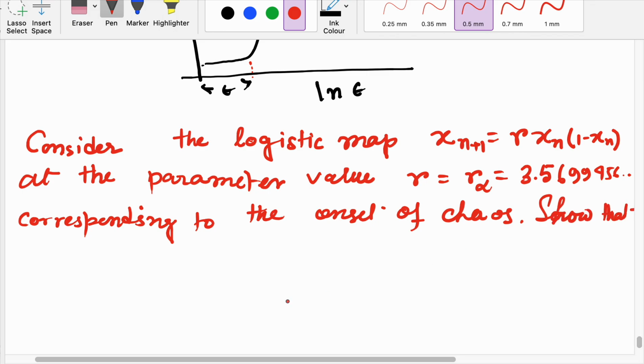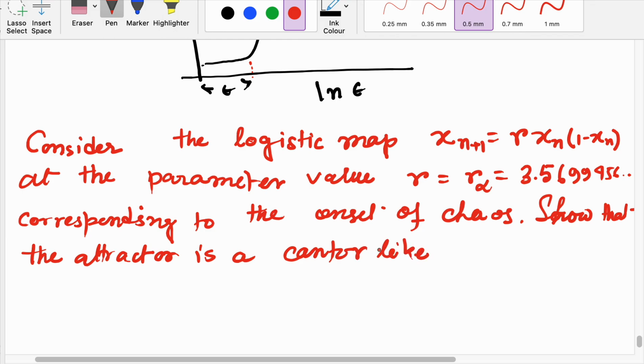so that the attractor is a Cantor-like set, although it is not strictly self-similar.